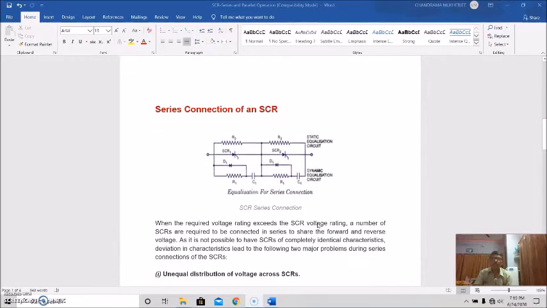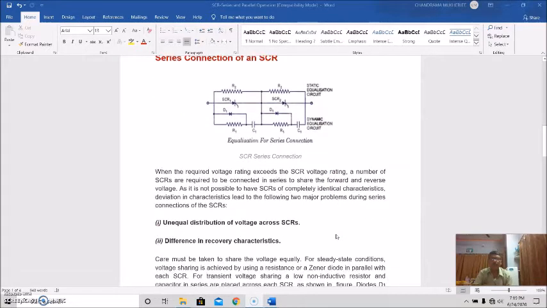Whenever we want to connect SCRs in series, suppose we want to improve the voltage rating, so the required voltage rating exceeds the SCR voltage rating. In that case, a number of SCRs are required to be connected in series to share the forward and reverse voltage. As it is not possible to have SCRs of completely identical characteristics, deviation in characteristics leads to major problems during series connections of SCRs.